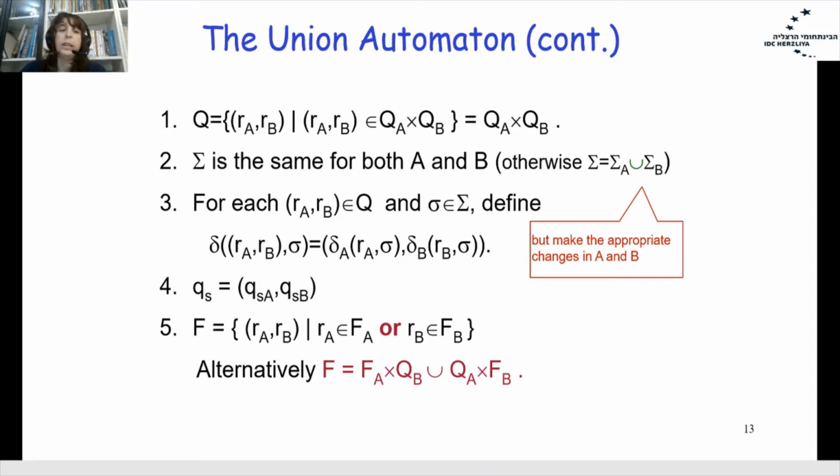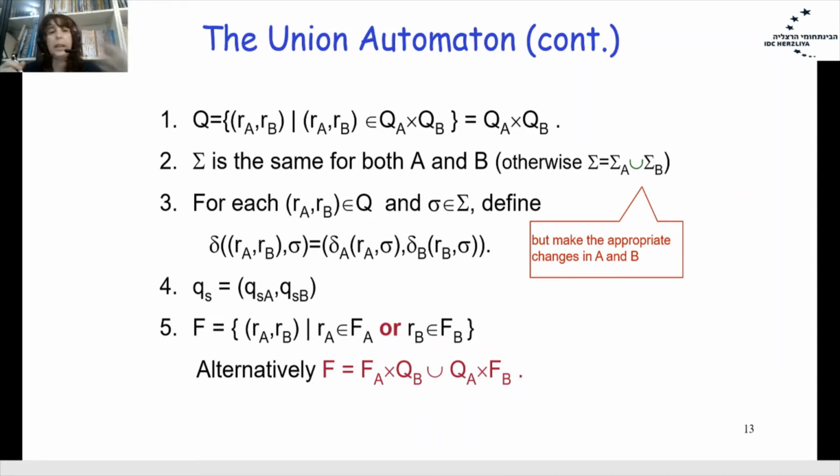So the transition is defined by delta A in automaton A when we move from the state RA on letter sigma, and the second state RB is defined in automaton B by function delta B when we move from state RB on the letter sigma.